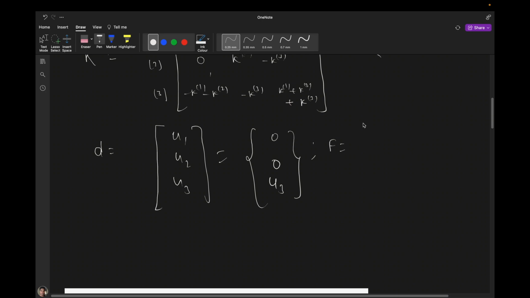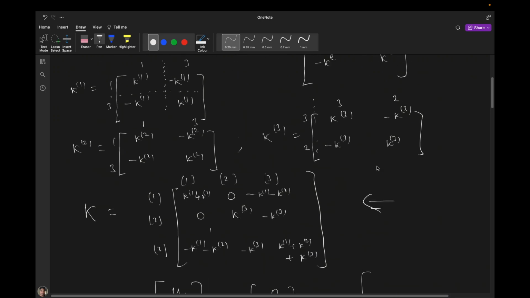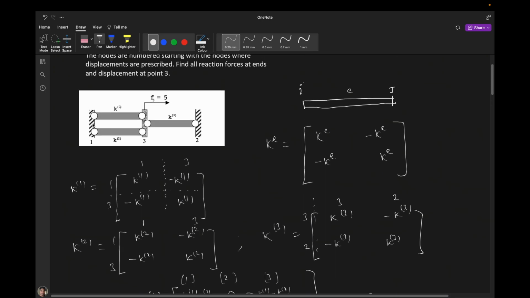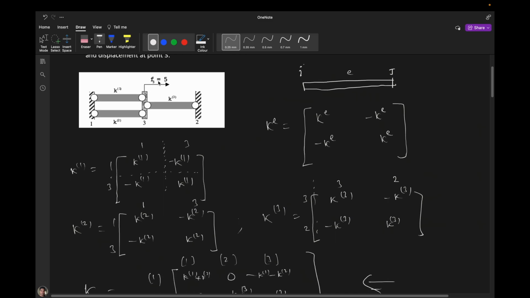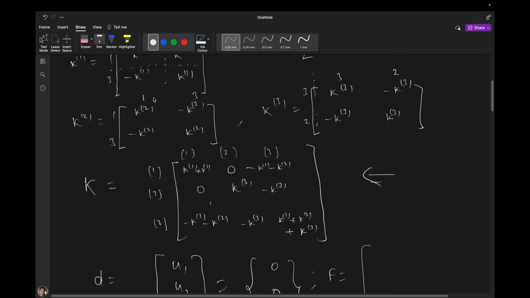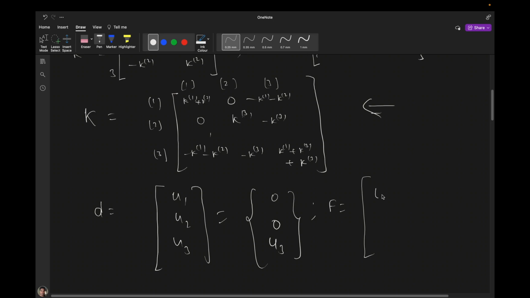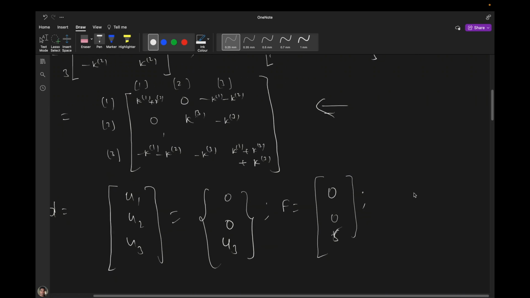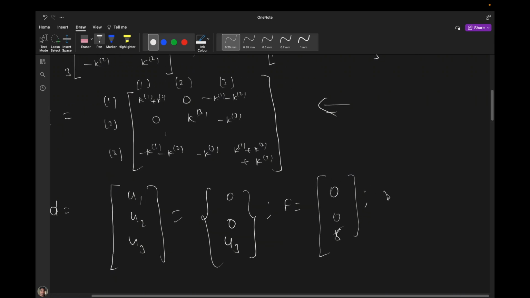Okay, now I have to write the force matrix. So what is the force matrix? Here you can see that this force and this force are unknown, but here this force is known. So I will write 0 0 5. But this is not just the force matrix, there is also a reaction matrix.